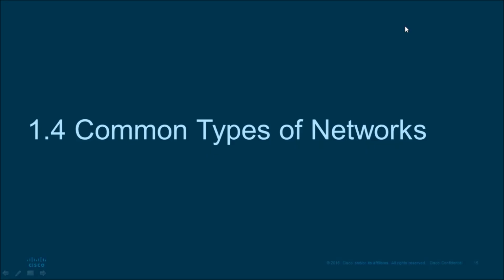Common types of networks. Networks are of many sizes. Now that you are familiar with the components that make up networks and their representations in physical and logical topologies, you are ready to learn about the many different types of networks.